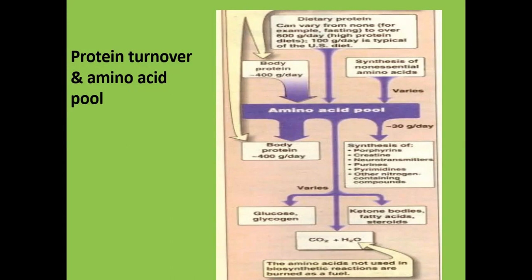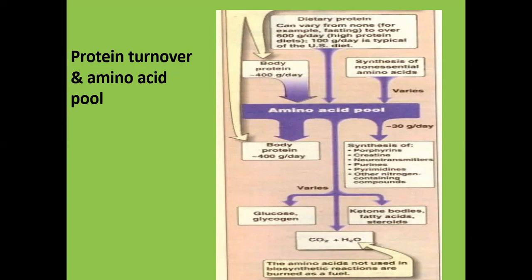They are used for the formation of porphyrins, neurotransmitters, purines, pyrimidines, and other non-protein nitrogenous compounds.